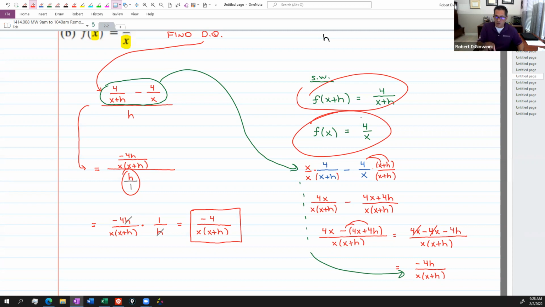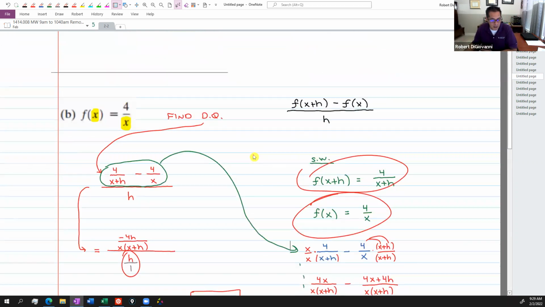In this problem, you can start to see the complexity of things because we had to put these two fractions together, and then we had to realize this was flipped up and the h's cancel. So as you might imagine in calculus class, the hard part is not the difference quotient, not the formula. It's the actual algebra getting the h to go away, because the functions get really complicated.